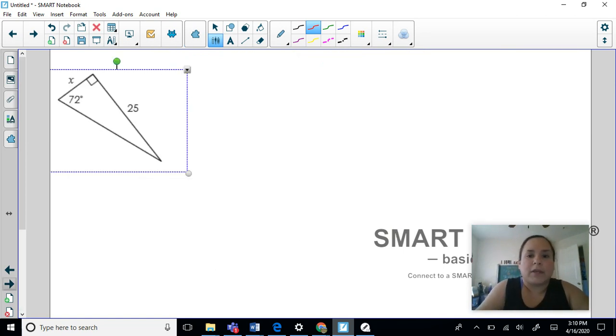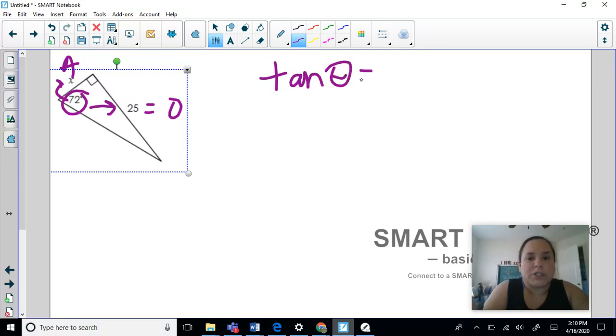All right, so let's try another one. Here we have the value of an angle of 72. The x happens to be right next to the angle, so that's going to represent our adjacent. Also, we notice that the 25 is directly across from the 72, so that's going to represent our opposite. So we have O and A, so we're dealing with tangent of theta, which equals opposite over adjacent, or TOA.